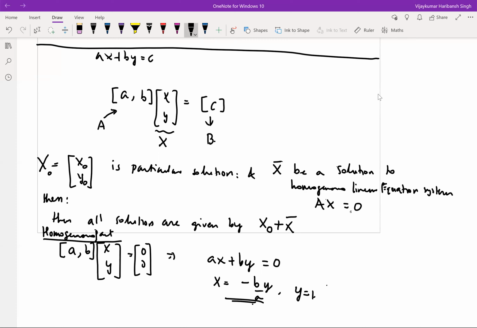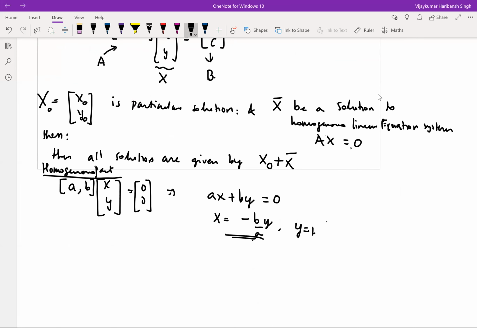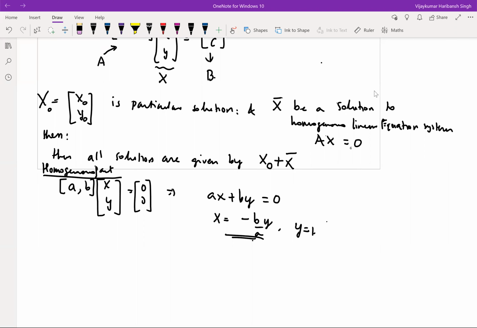All right. So you can construct all the solutions as basically X naught plus X bar. So you can clearly show that this equation has a solution. What is the solution to this? If you have x equals minus b by a times y, this solution does not exist in general, right?